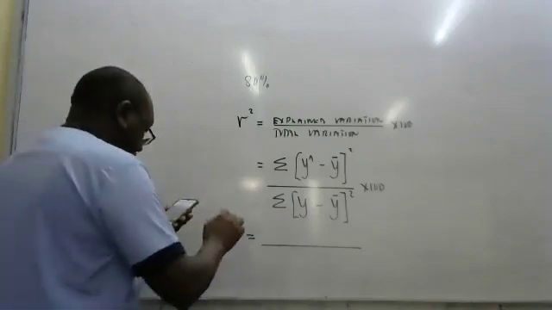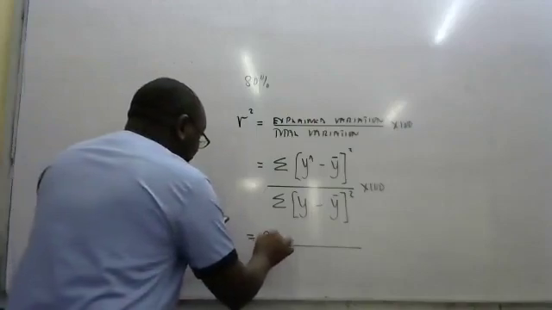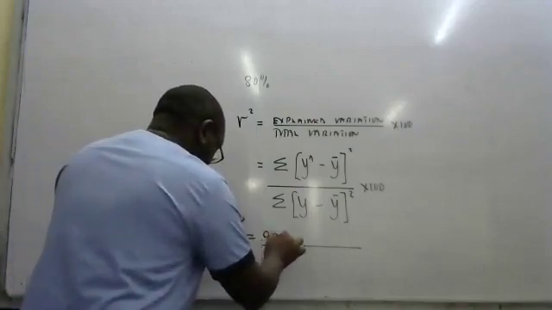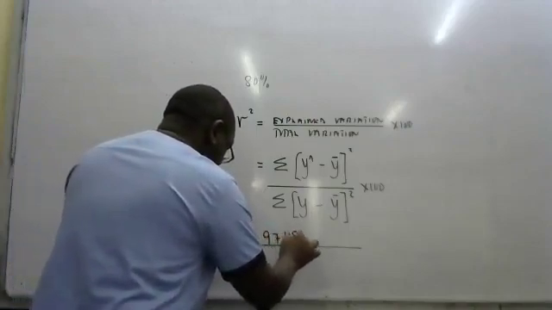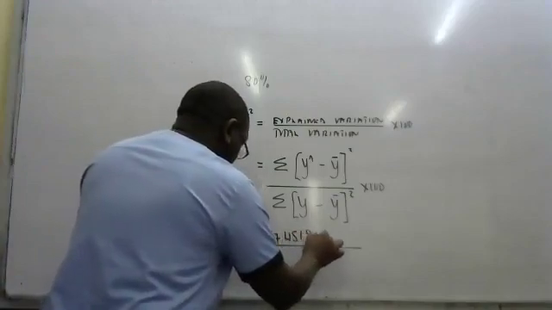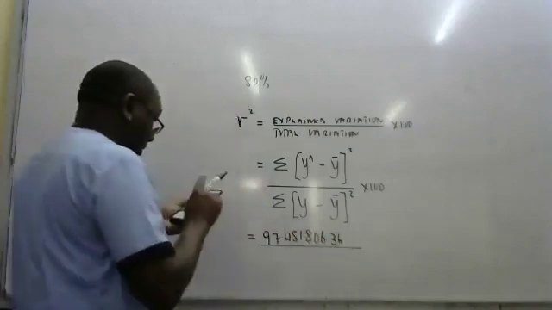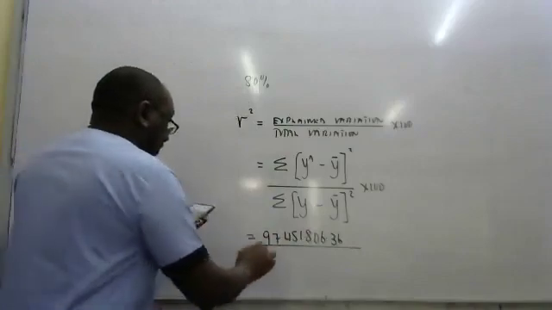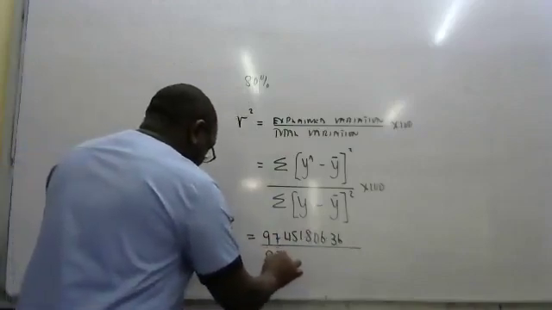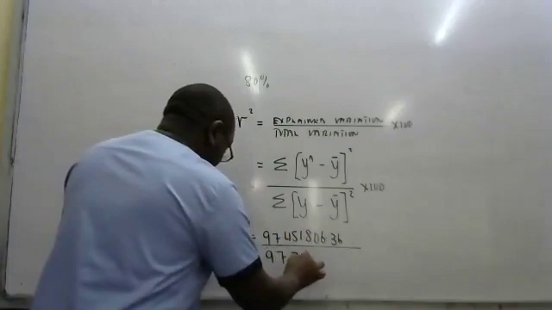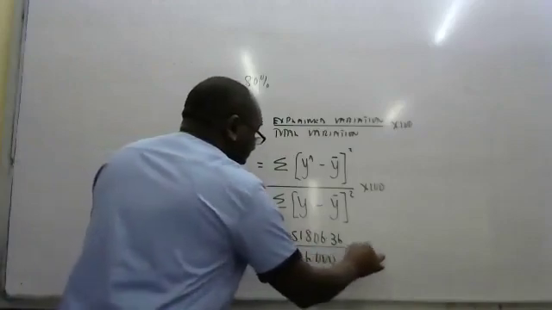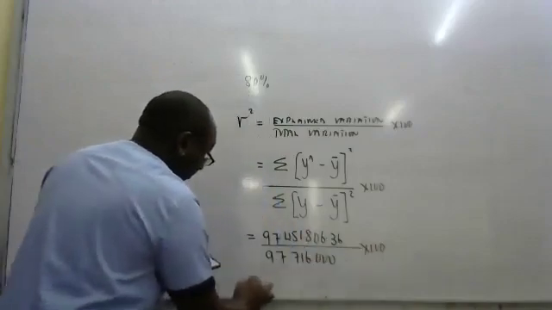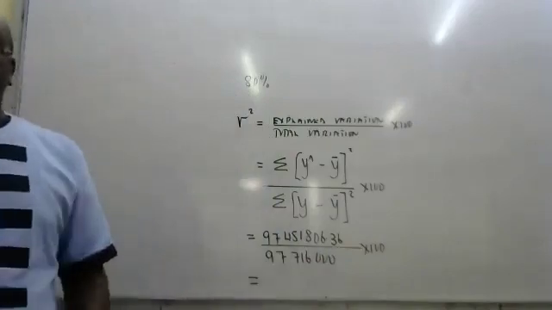The total tulipata 97,451,806.36 na hii ingine tukapata 97,716,000 times 100.